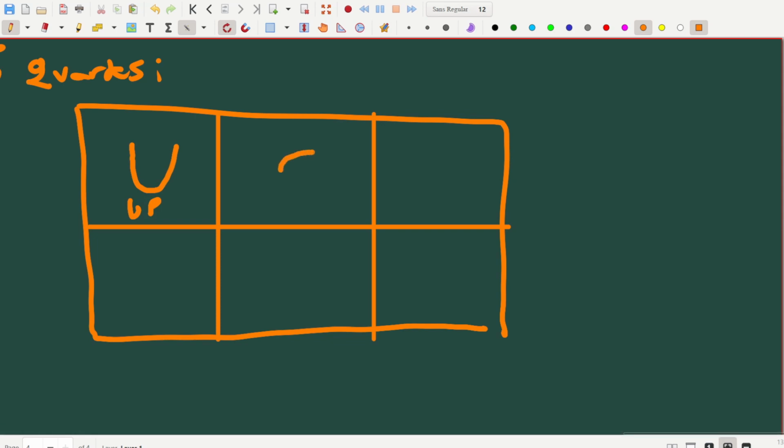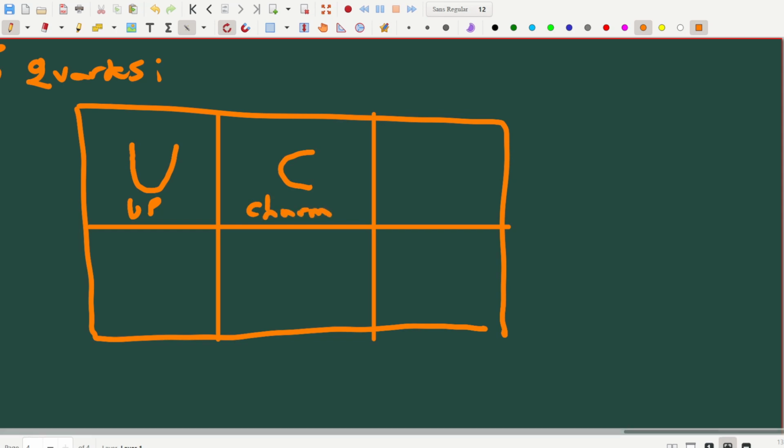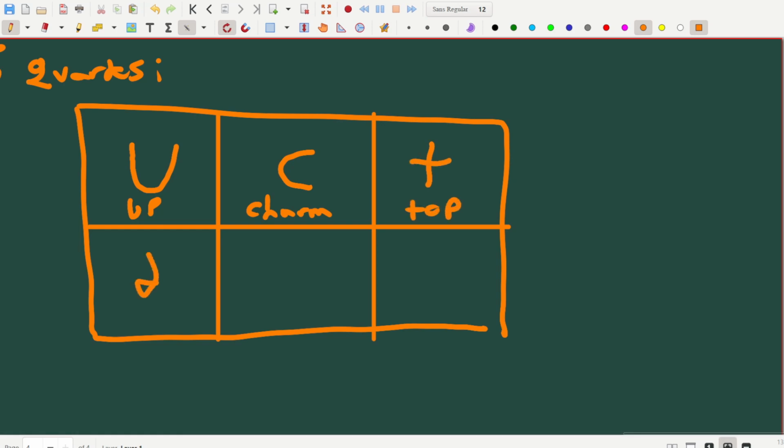There's the charm quark. I don't remember why it's called charm. I think it was because of some bad joke that physicists made about it. There's the top quark, which is T. The down quark. The strange quark.